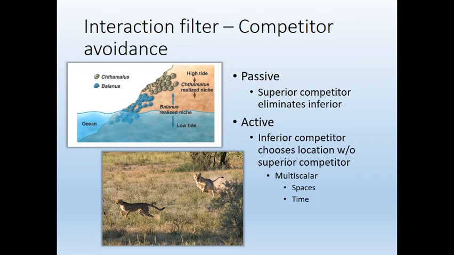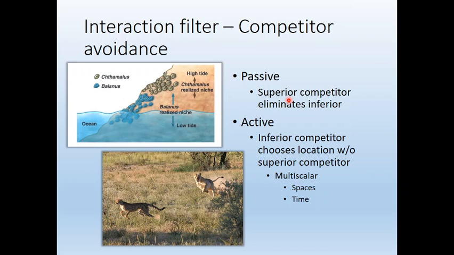But it's not just predation, it also has to do with competition, where this interaction filter can cause lots of species to avoid competitors. So in the passive sense, what we see is the superior competitor. This is that marine intertidal zone again, where we have different barnacles here.